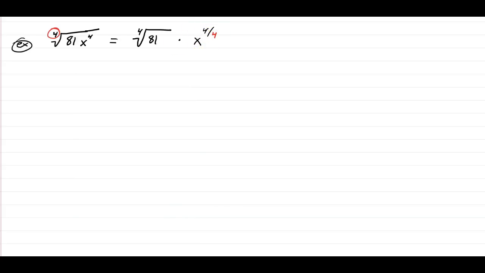And so here, this becomes x to the power of 1, so this will need the absolute value bars. Here, 81 is going to break down to 3 times 3 times 3 times 3. So the 4th root of 81, and I guess I could have tried that on my calculator. That would have been a better start. Just take the 4th root of 81, I know what I got, 3 times the absolute value of x.